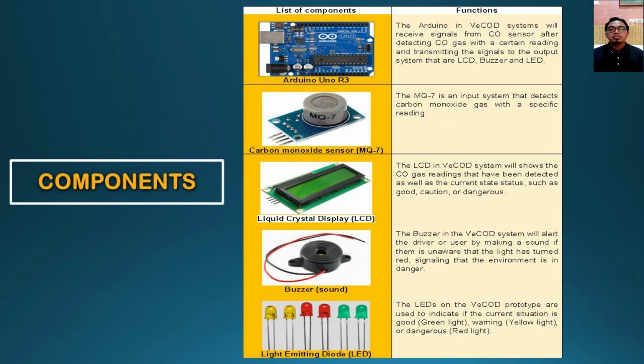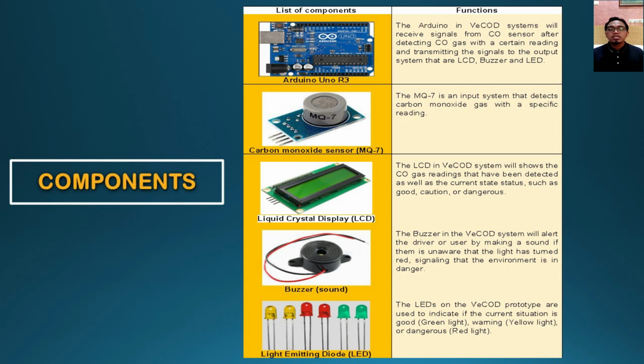These are the main components that will be used in the vehicle system. We have an Arduino Uno R3 that will receive signals from the input system and transmit the signal to the output system. Next, the CO sensor, MQ7, will act as the input system that detects carbon monoxide gas.